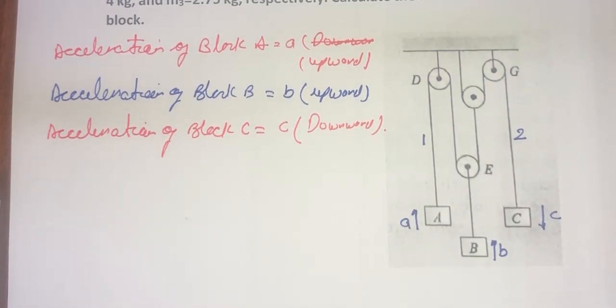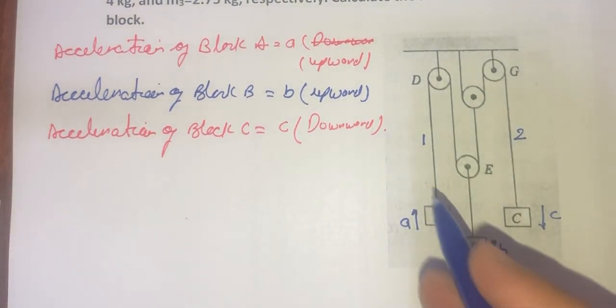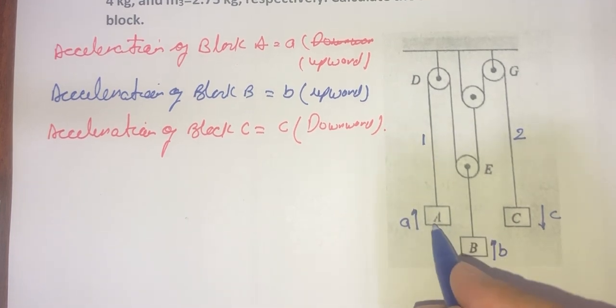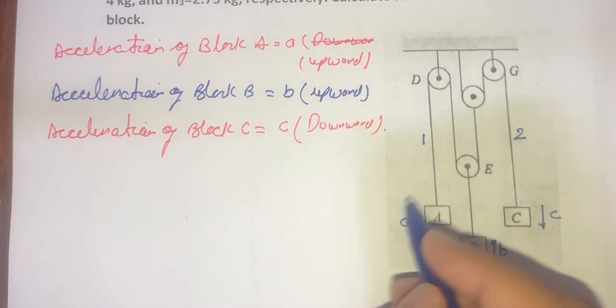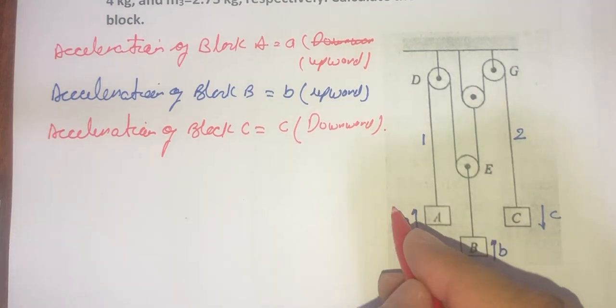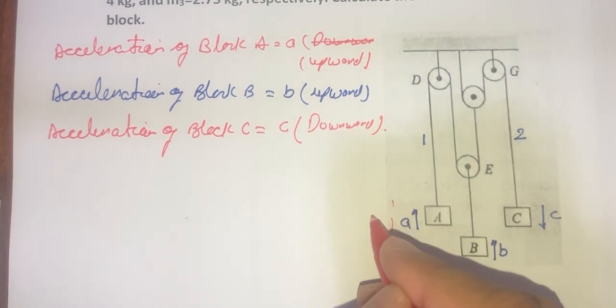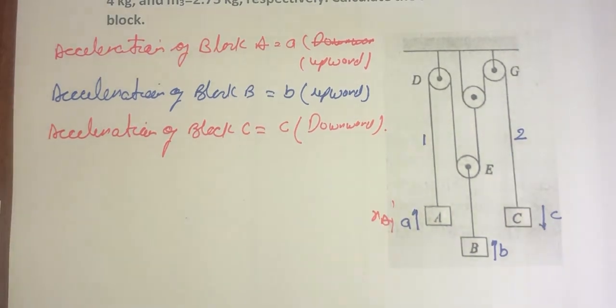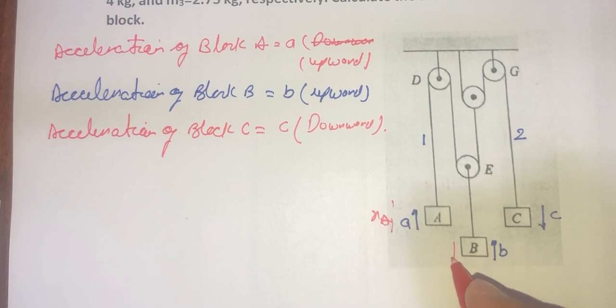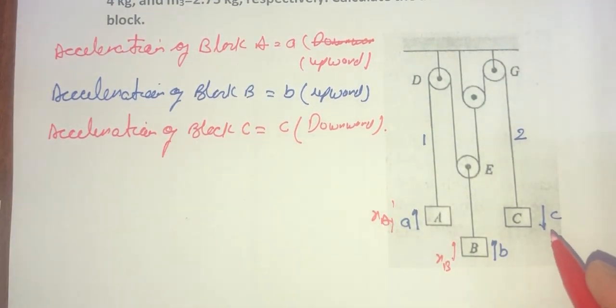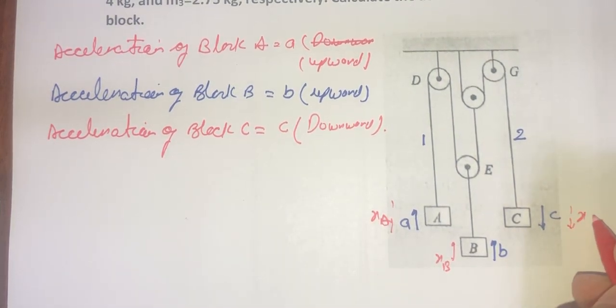So first of all we are going to find out the relationship between C, A and B. For this we assume that block A moves by a distance of XA, block B moves by a distance of XB, and block C will be moving as a result by a distance of XC.